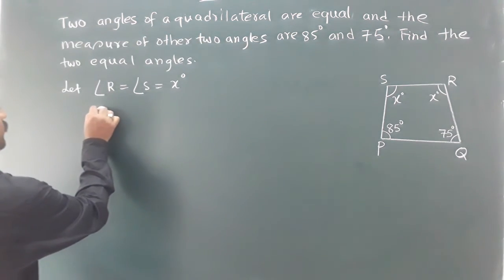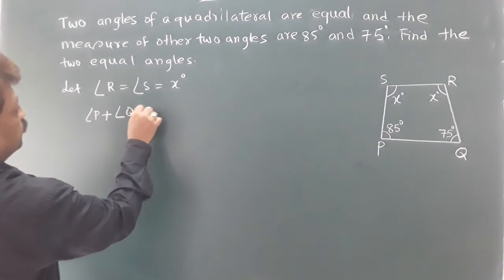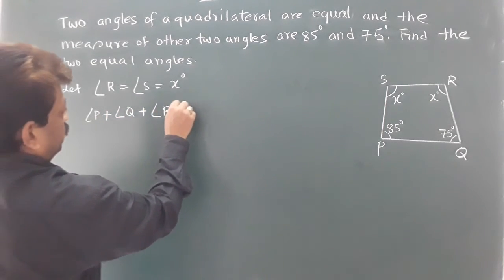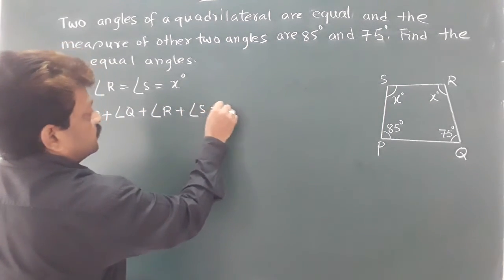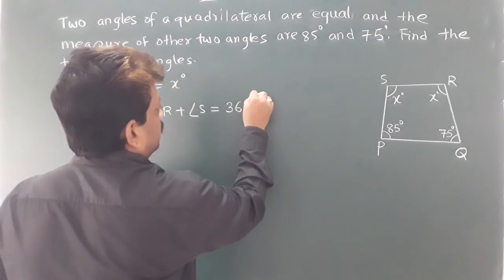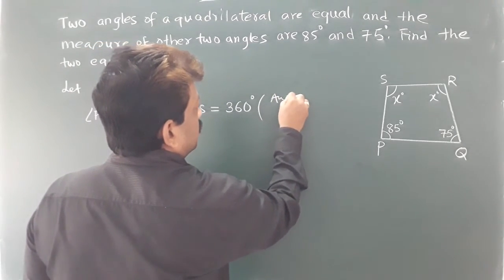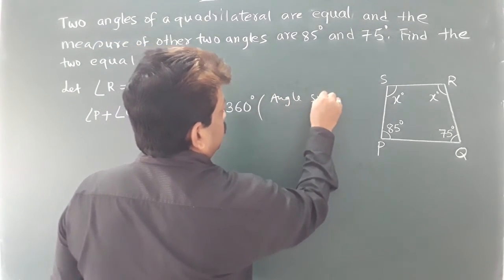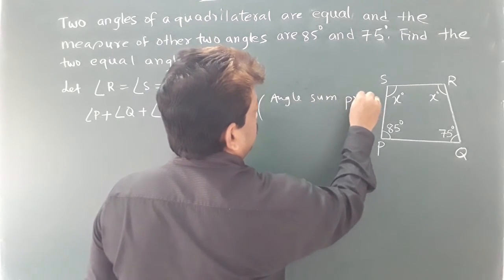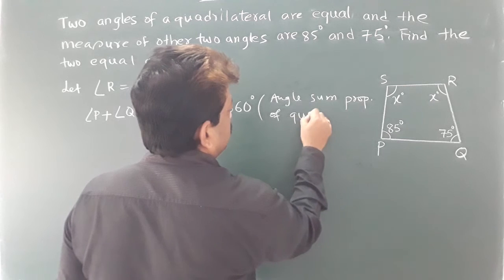So I can write angle P plus angle Q plus angle R plus angle S is equal to 360 degrees. In the reason, again we have to write down the same thing, angle sum property of quadrilateral.